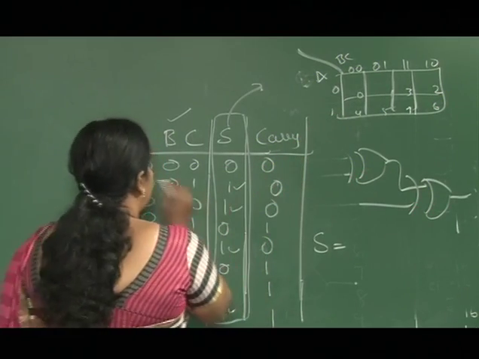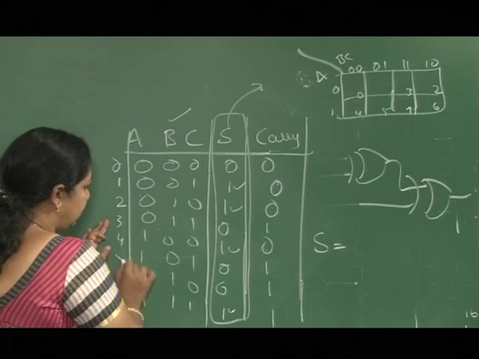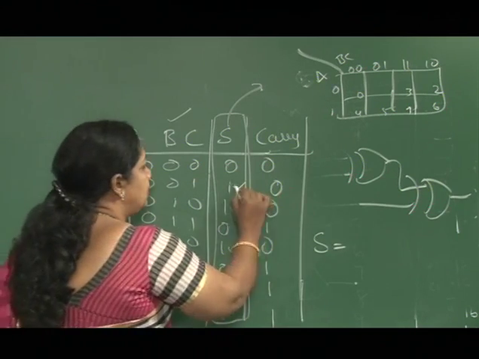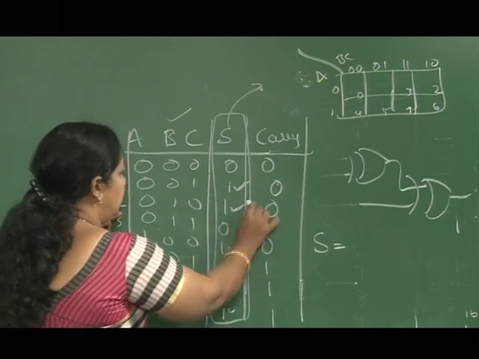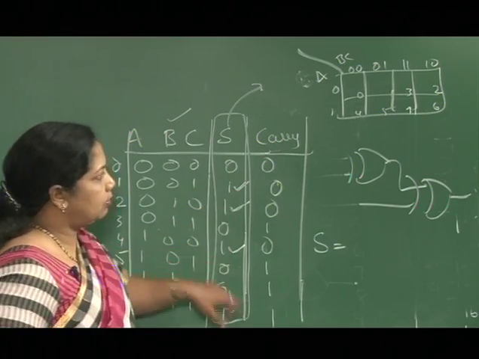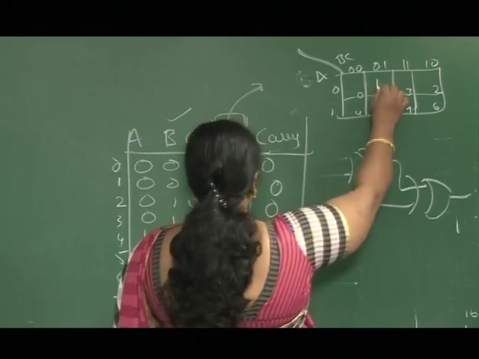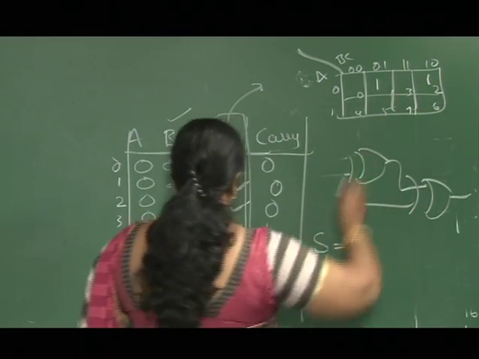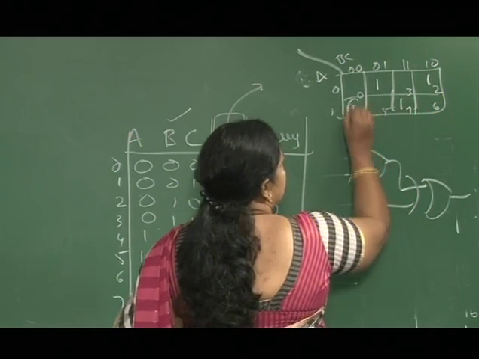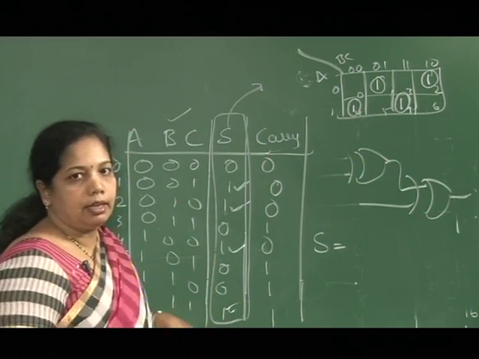The cell numbers are 0, 1, 2, 3, 4, 5, 6, 7. For cell number 1, cell number 2, cell number 4 and cell number 7, I am going to enter 1. These are the logic ones I have entered inside the K-map.